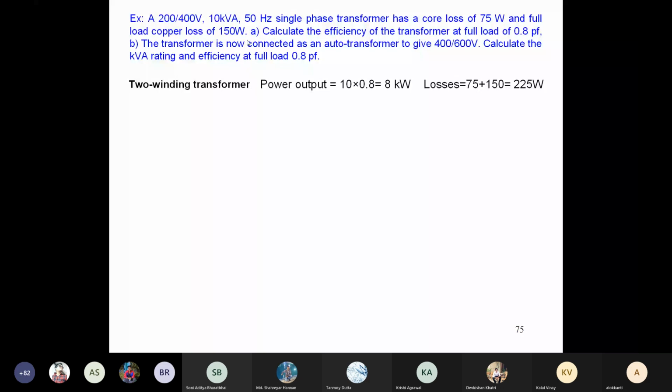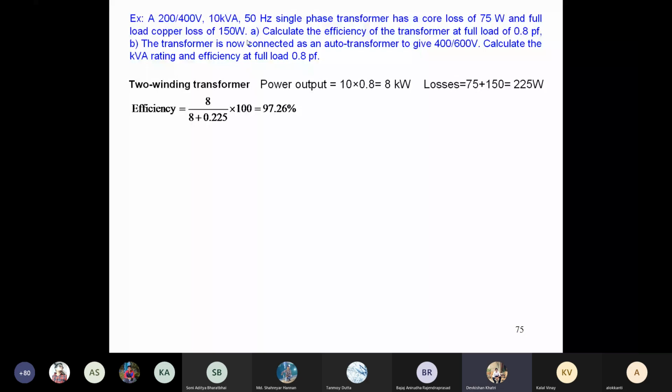That is 225 watts. So the efficiency is 8 by 8 plus 0.225. We have converted 225 watts to kilowatts, and ultimately you get this efficiency. You got this?